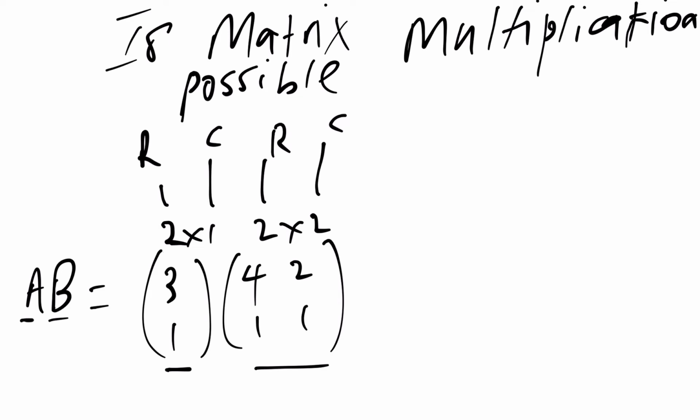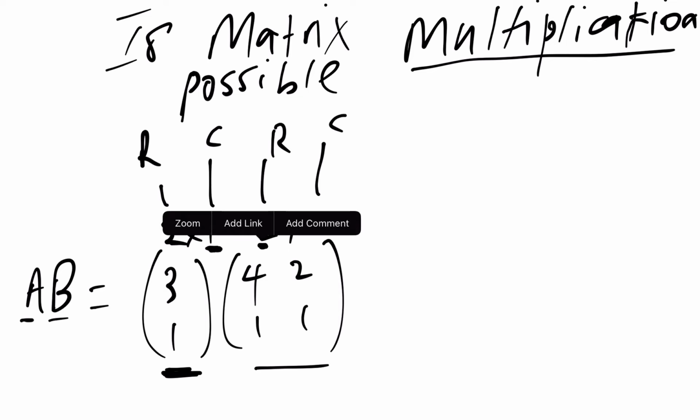The rule says that in order for matrix multiplication to be possible, the number of columns of the first matrix, which is matrix A, should be equal to the number of rows in the second matrix, matrix B. The number of columns for matrix A is 1, and the number of rows in matrix B is 2.